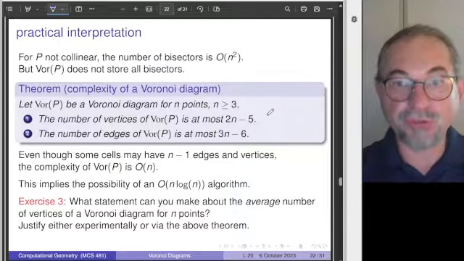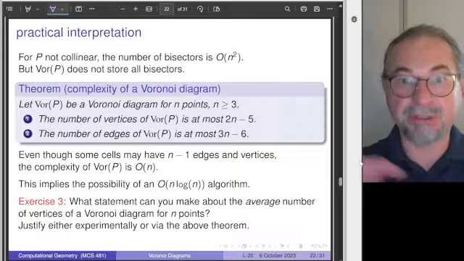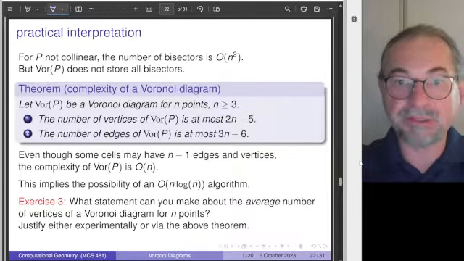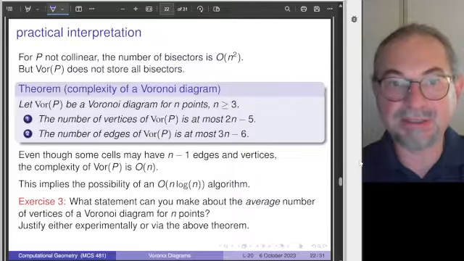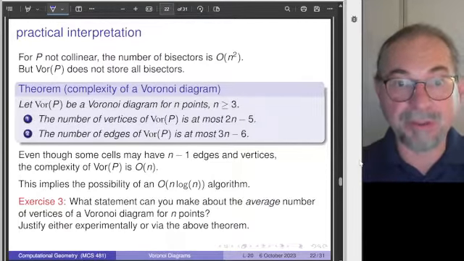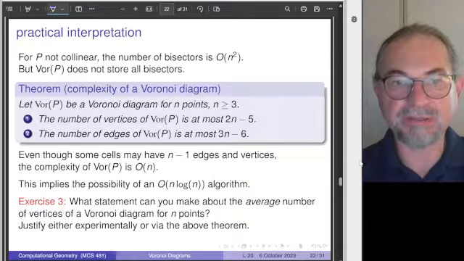And we have just shown that the number of vertices and the number of edges is bounded by linear formulas. So the number of vertices can be at most not even the double of the number of sites, and the number of edges can be almost the triple of the number of sites. Therefore, the big conclusion is that the complexity of a Voronoi diagram is linear in the number of sites.